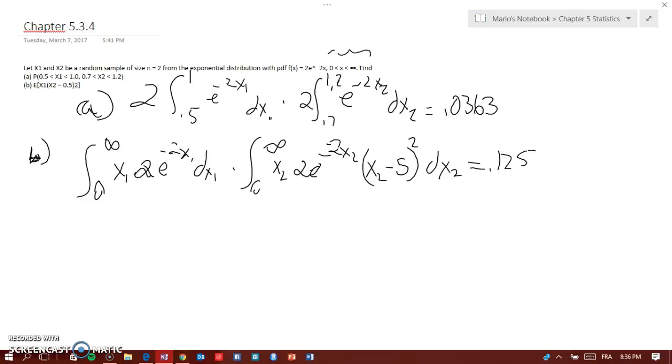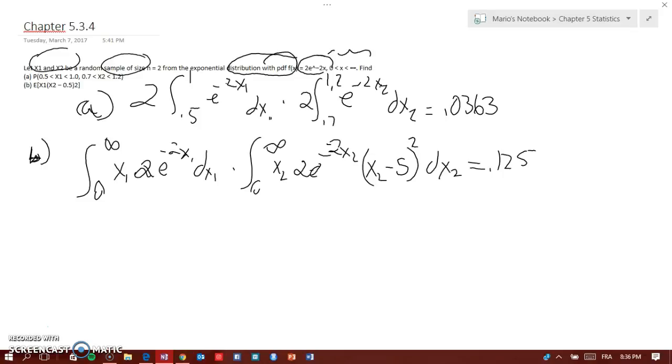So guys, now let me explain again what I did. Because x1 and x2 are samples, they are taken from the same PDF, from the same population, same distribution, so they have the same distribution here.